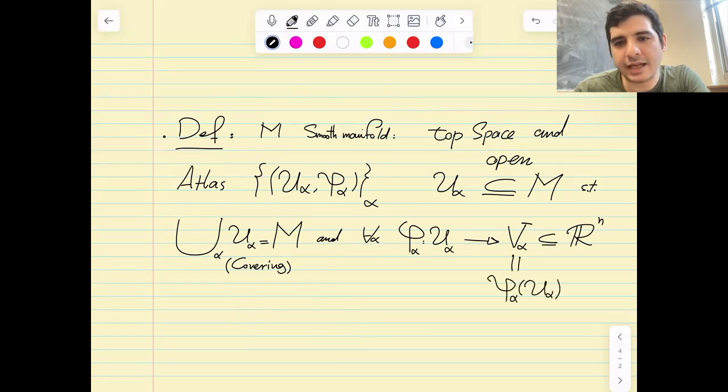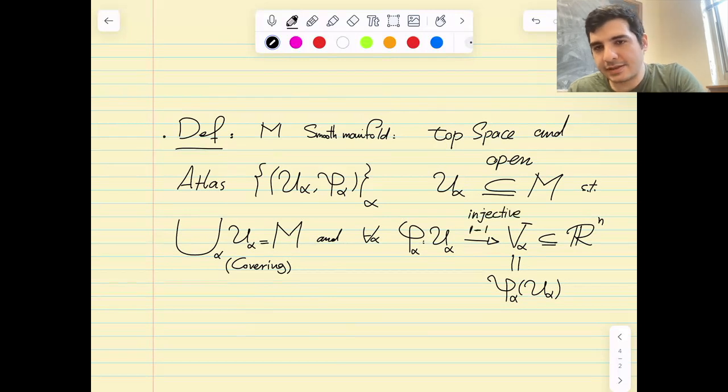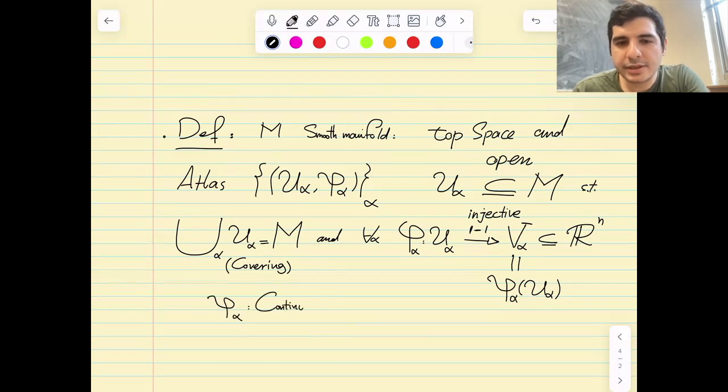Let's just denote that V alpha to be the image of phi alpha. This map is expected to have a few properties. So first, it should be injective. And of course, it's surjective onto its image, so it's one-to-one. Moreover, I want this map to be continuous, right? And I want its inverse, which exists on the image of phi alpha because it's one-to-one, to be continuous too.